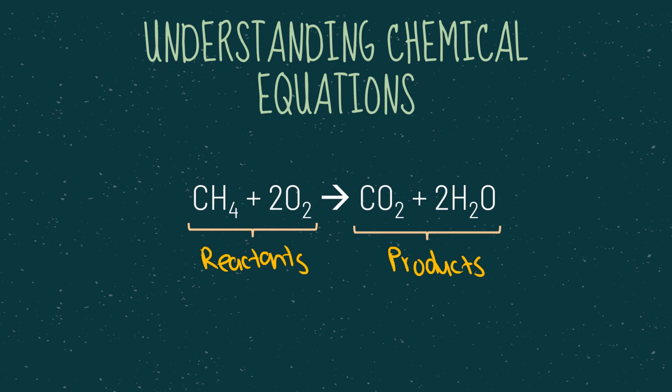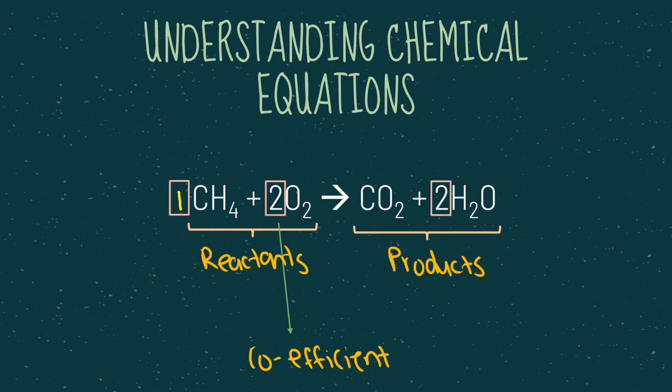The numbers you see in front of each of these elements or compounds are our coefficients. The coefficient shows us the ratio of these compounds. In this case, CH4 does not have anything in front. We can just assume that it's a 1. Anything that does not have a number in front, we can just assume to be 1.